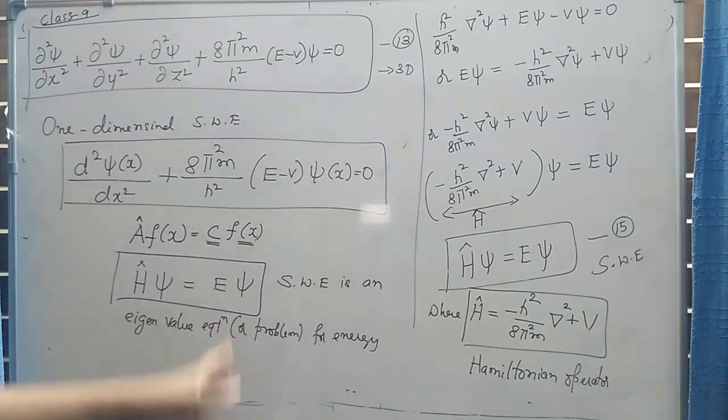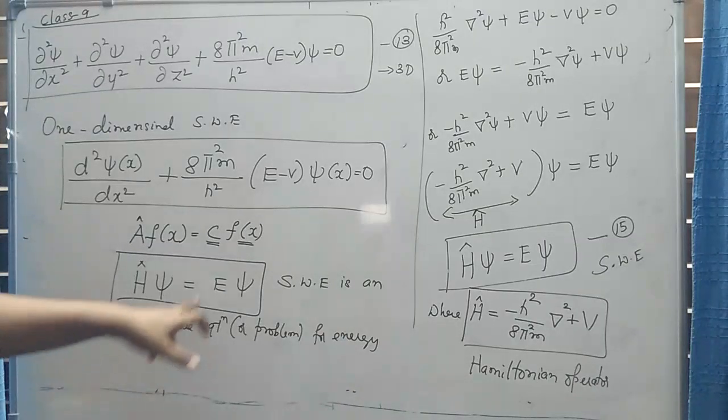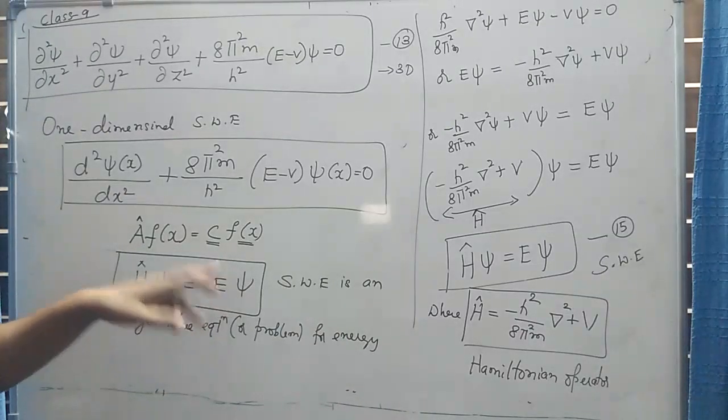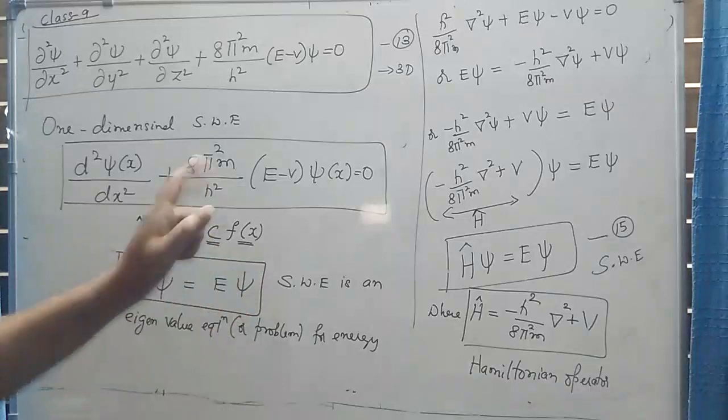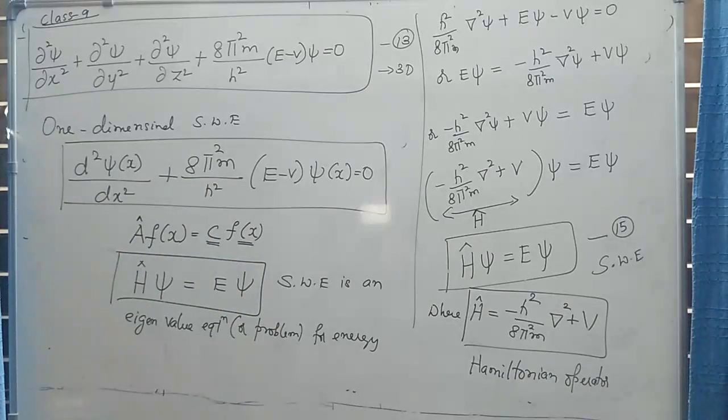Now we really understand why we desire it to be a real number, because that eigenvalue represents the energy in this particular case. So remember, the Schrodinger wave equation is an operator equation. It is also called an eigenvalue equation or eigenvalue problem representing energy.